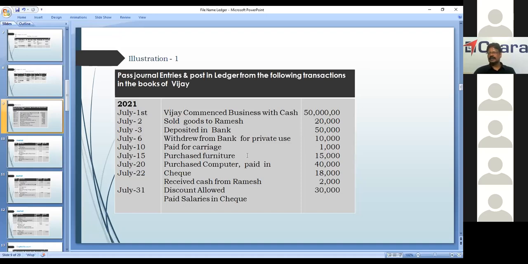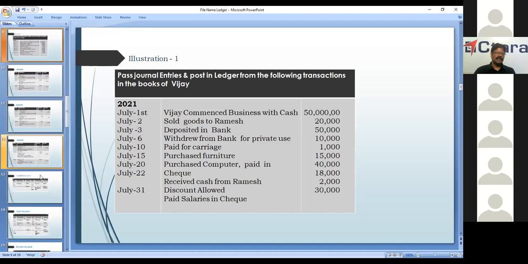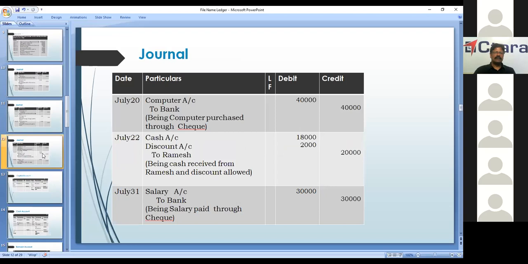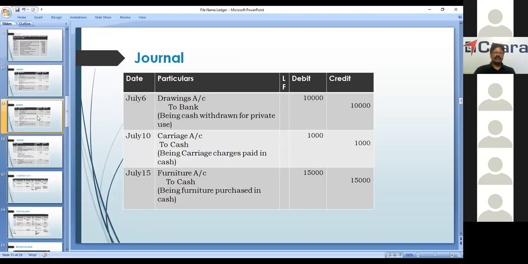So both are assets. Furniture is also an asset and cash is also an asset. So it falls in real account. Furniture is coming in. You have furniture account debit to cash account. Furniture account debit, 15,000 to cash account.